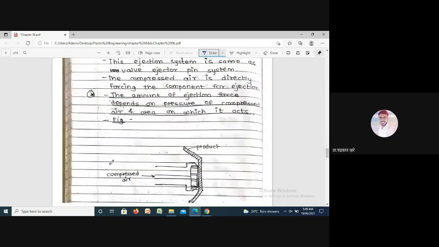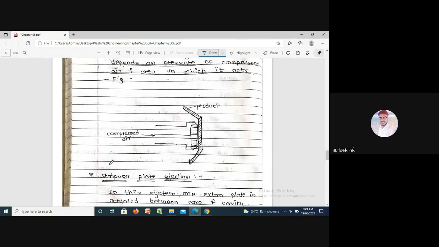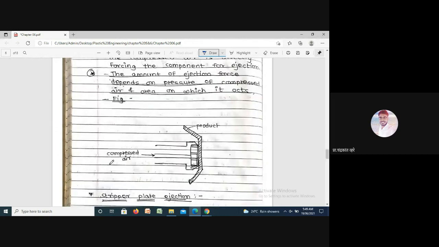Next is the air ejection system. Here, the word air means, as we know, compressed air. Just observe this diagram. This is compressed air, and this is the product.